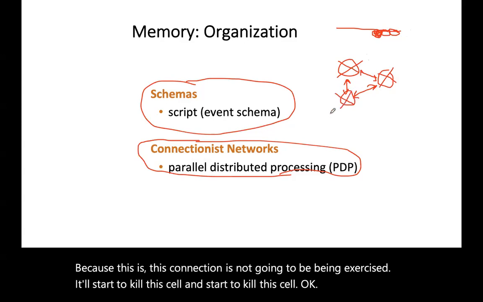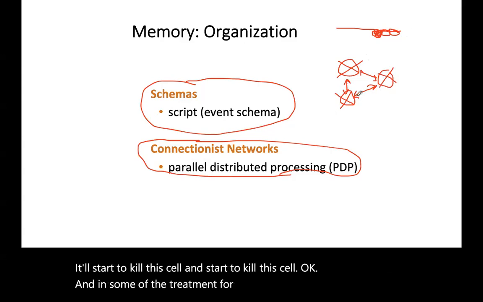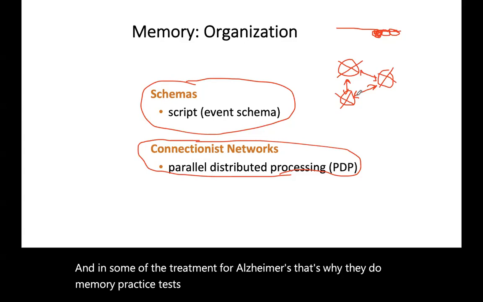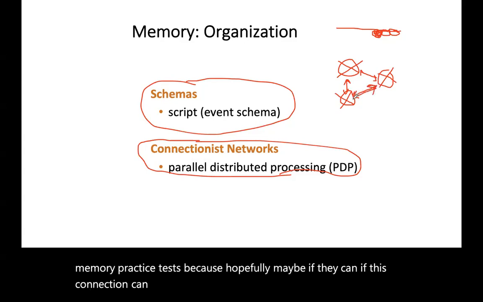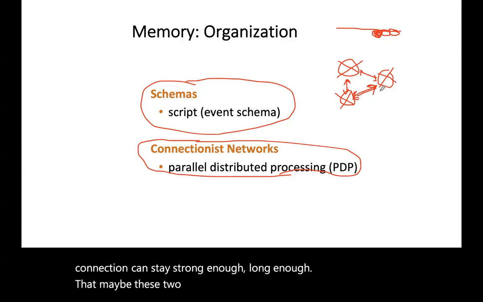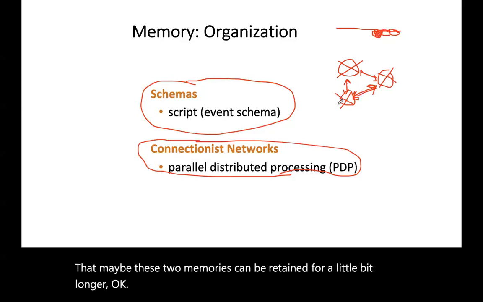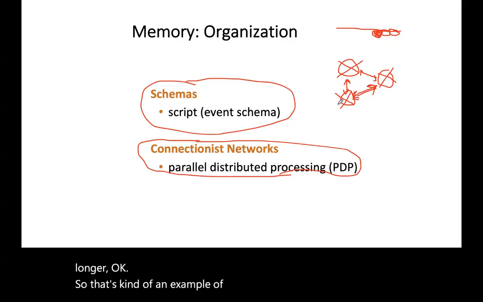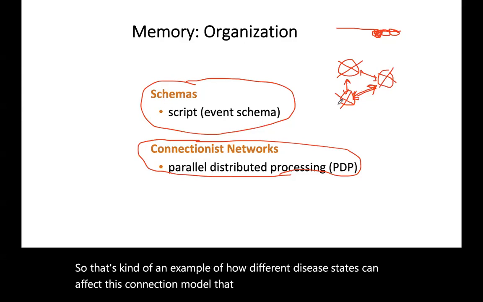And in some of the treatment for Alzheimer's, that's why they do memory practice tests, because maybe if this connection can stay strong enough, long enough, these two memories can be retained for a little bit longer, okay? So that's kind of an example of how different disease states can affect this connection model that we have, okay?